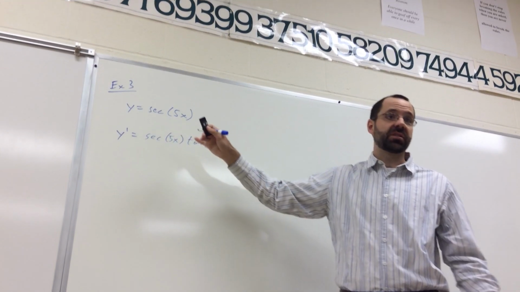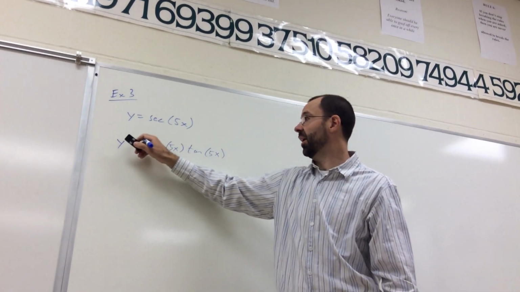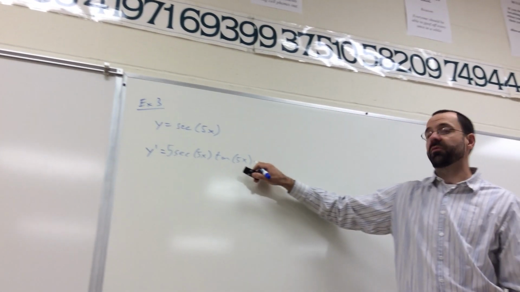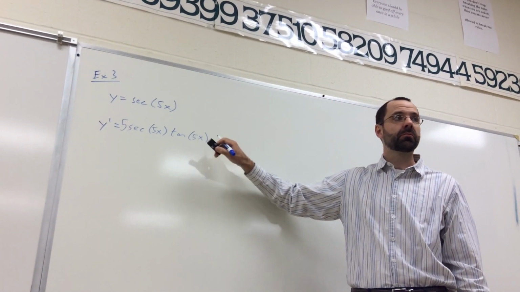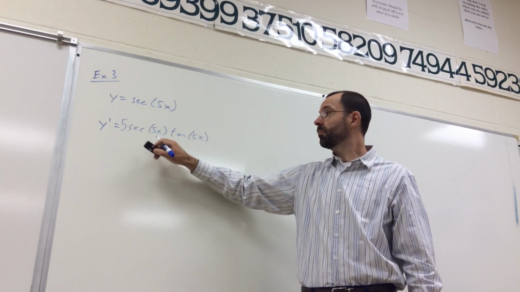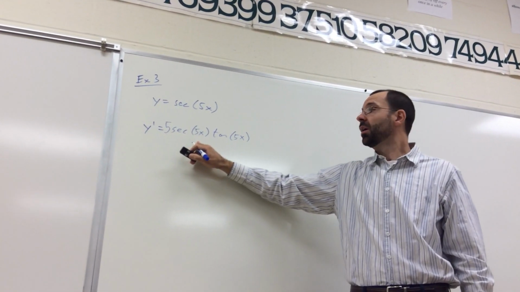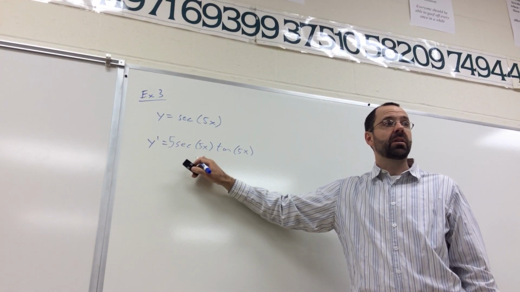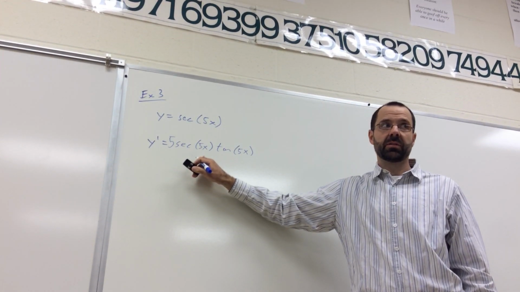And then the last step is to multiply by the derivative of the inside. The derivative of 5x is 5. So I just multiply by 5. And normally we put that at the beginning to avoid confusion at the end. We have secant tangent multiplied by 5. When you have a string of 3 things multiplied in a row, you don't distribute.